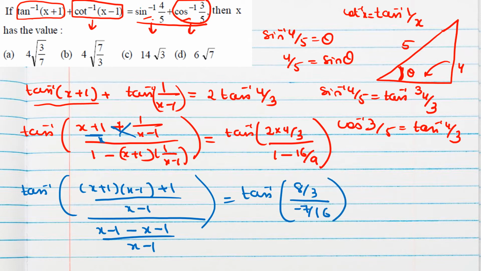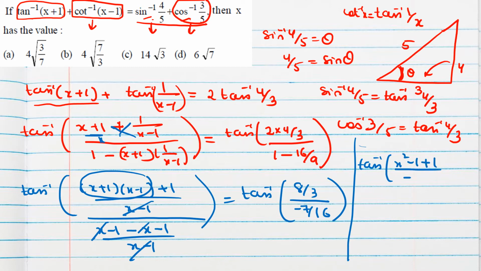So see which terms we can cancel here. We can cancel x here. The same denominator also will go. And for this we can use the algebraic identity: x square minus 1 plus 1 will remain, and here minus 2. Here what terms will remain? 8 by 3 we can write minus 7 by 16.